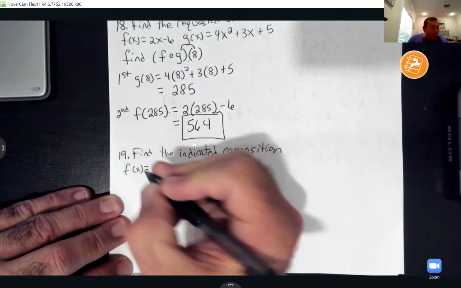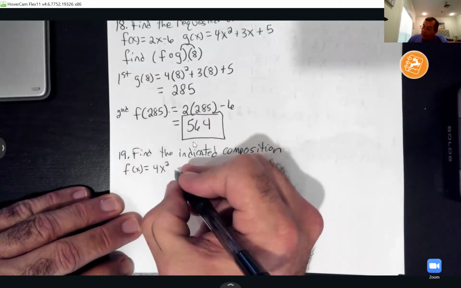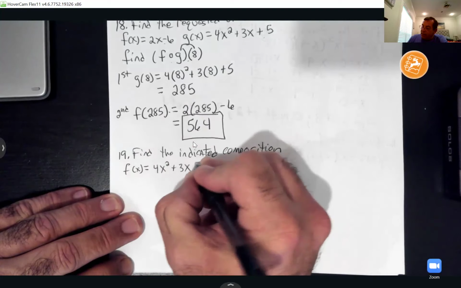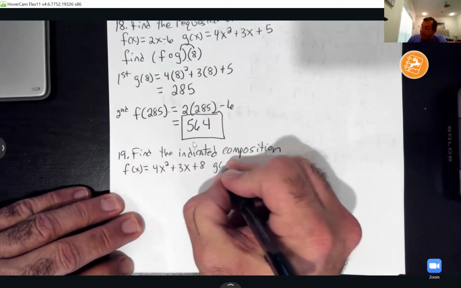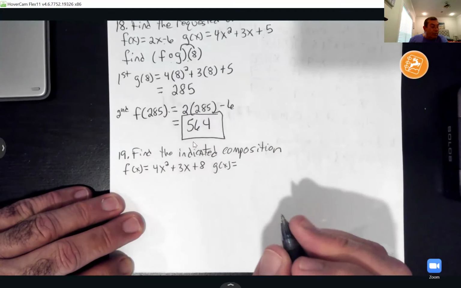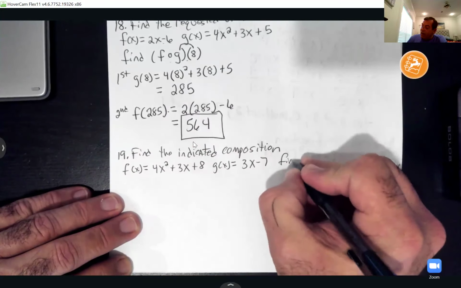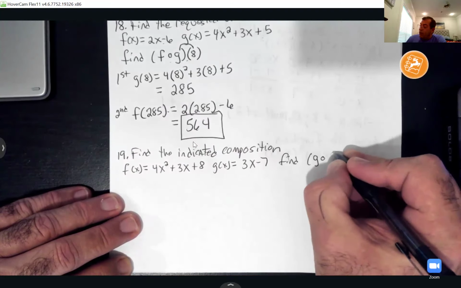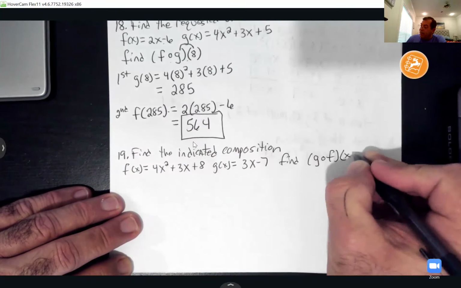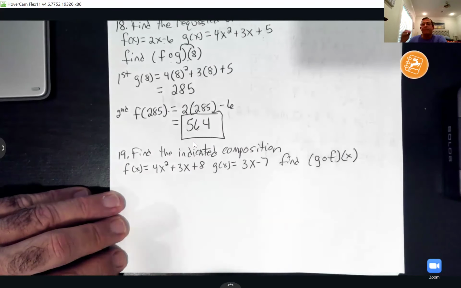F of x equals 4x squared plus 3x plus 8. G of x equals 3x minus 7. They want us to find G compose F of x. So no number this time.